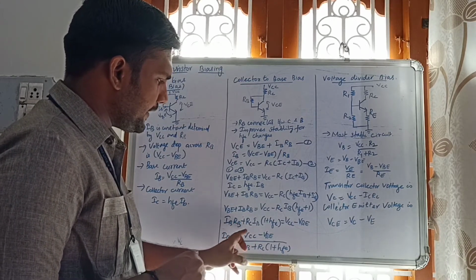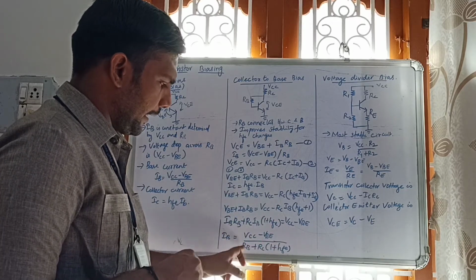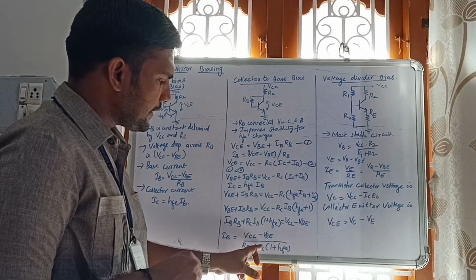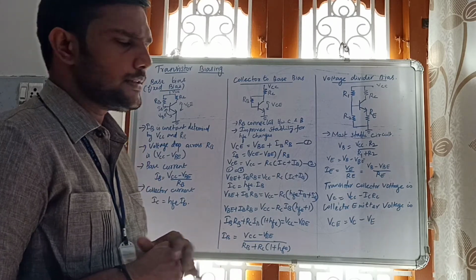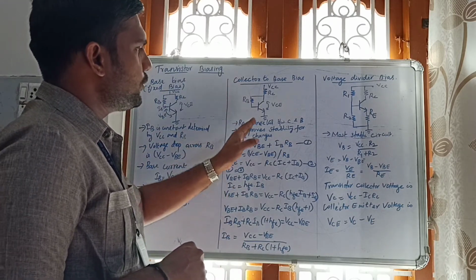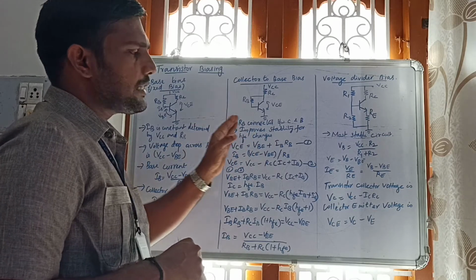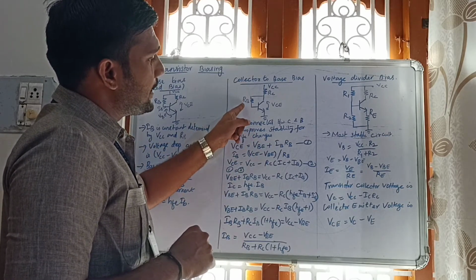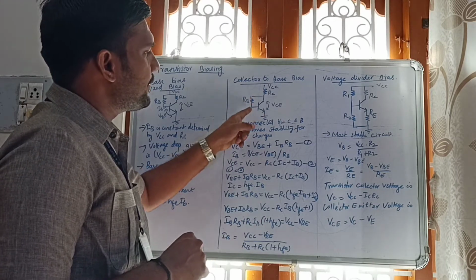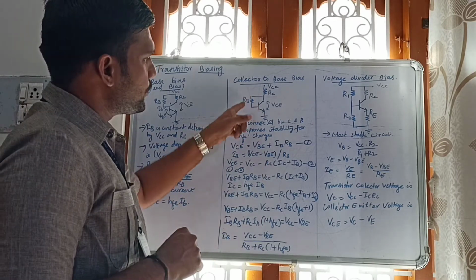So IB is equal to VCC minus VBE divided by RB plus RC into 1 plus HFE. This is the base current. In collector to base bias, the stability is somewhat improved, and the base resistance is connected between the collector and base.